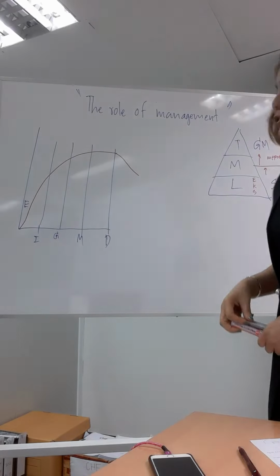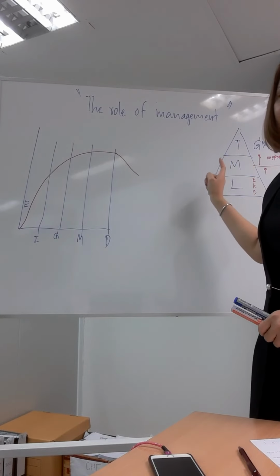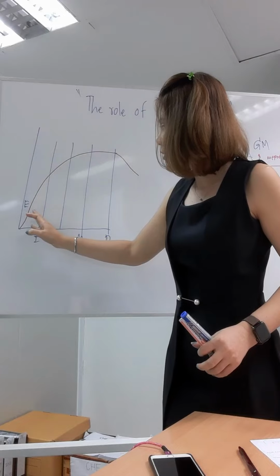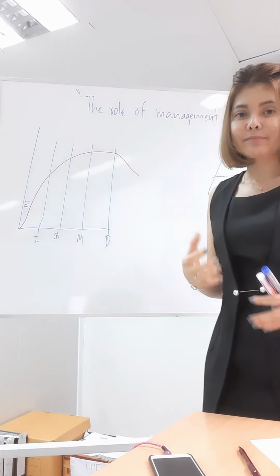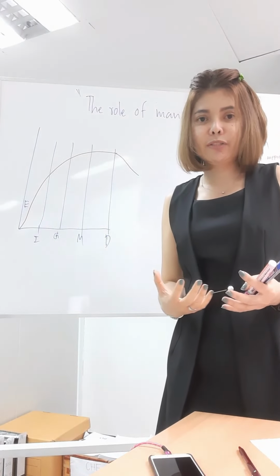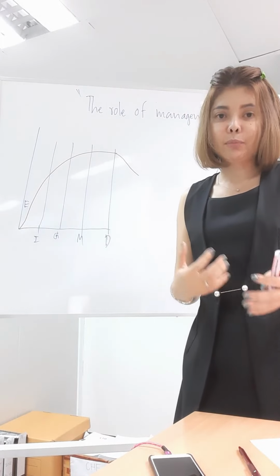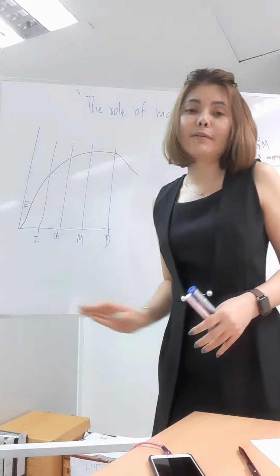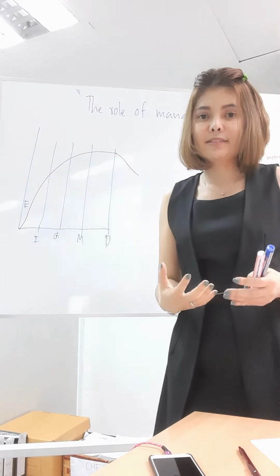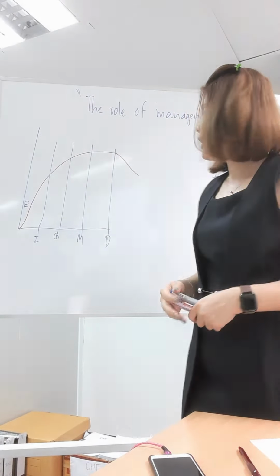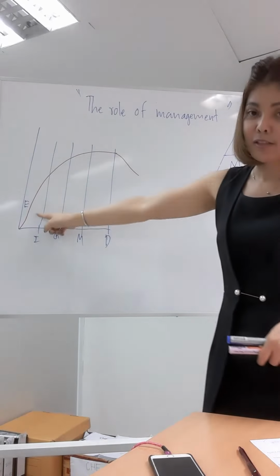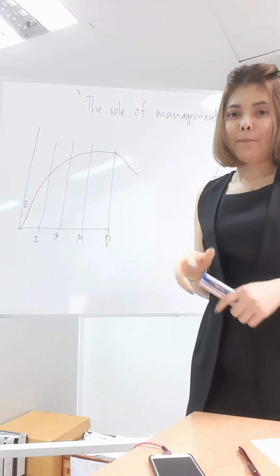Normally, an entrepreneur is top management, right? And the entrepreneur's role is to make strategy, and also many times they have to change their strategy. That means the middle management have to support them, right?